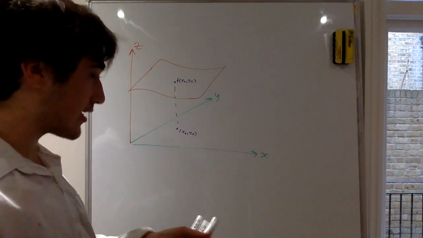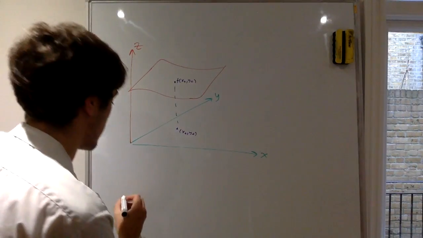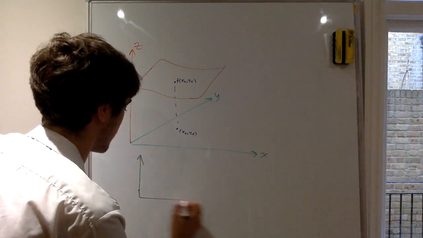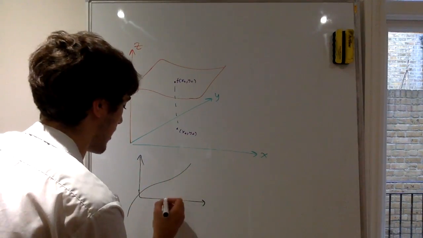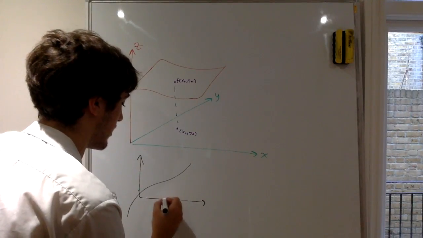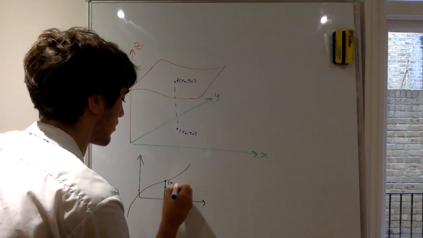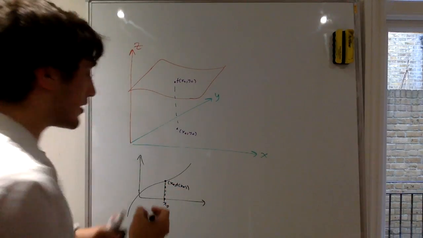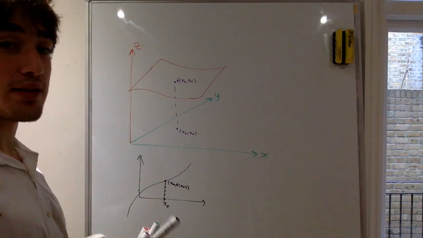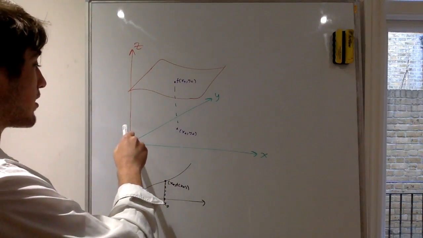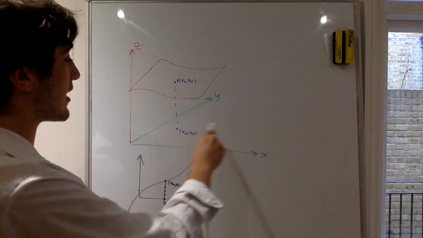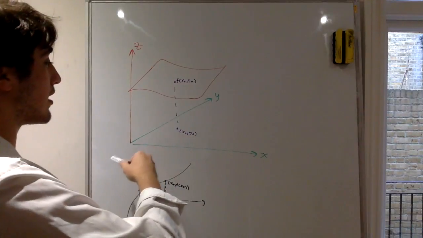This is very analogous to how in a two-dimensional function, if I pick an arbitrary x0 here, it assigns a height here, and this ends up being x0, f of x0. This is the same thing going on here, but I'm free to choose any x that I like and any y that I like.